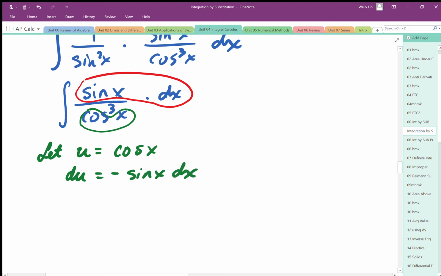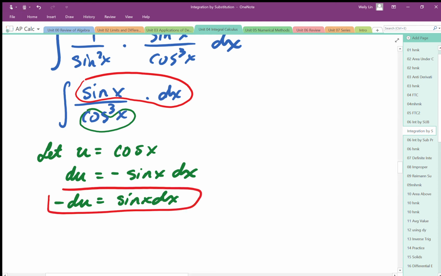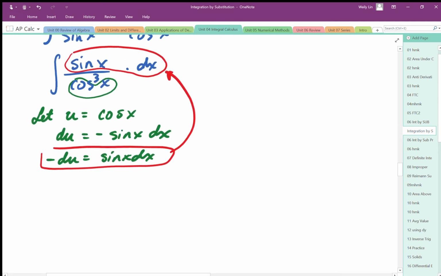That negative is easy to deal with, it's like a coefficient, so I'll just put the negative on the other side here, and there is our sine x dx that we need to do our substitution. So this is going to match this part of our expression. Rewriting this, my new integral is going to be the integral of 1 over u cubed, and we're going to replace the sine x dx with a negative du.